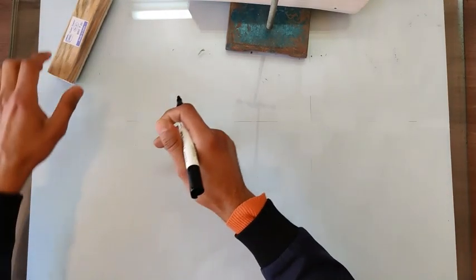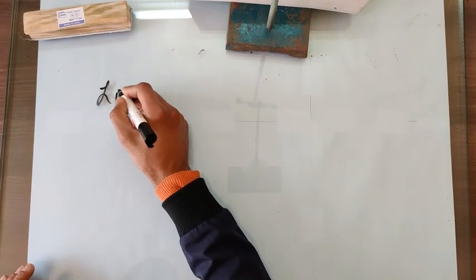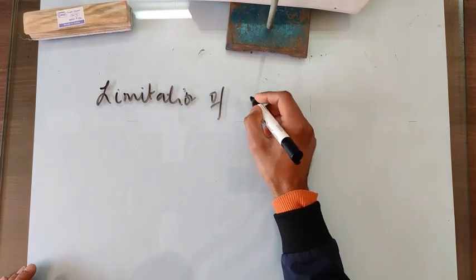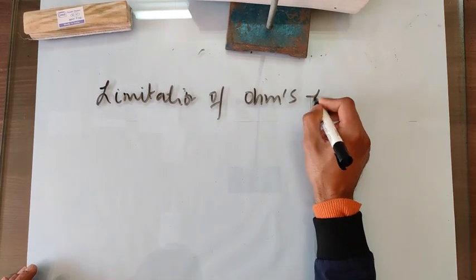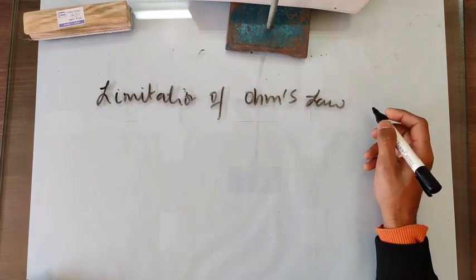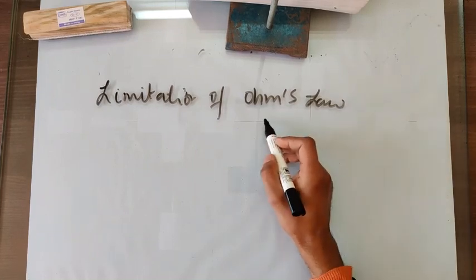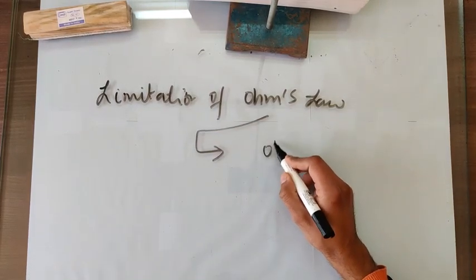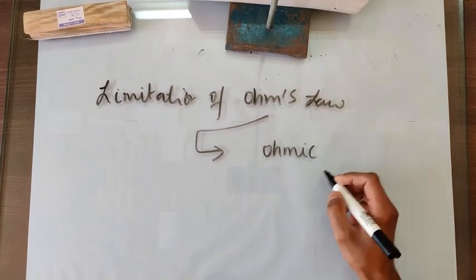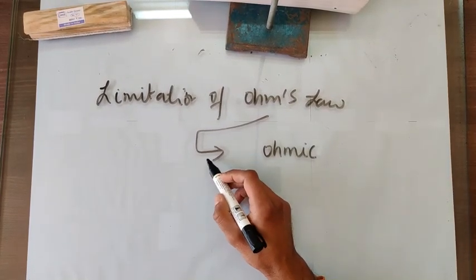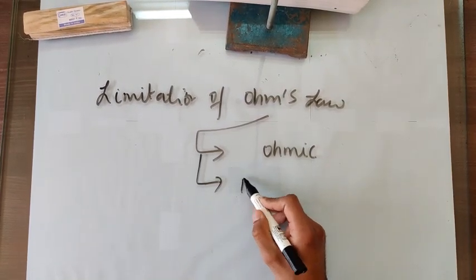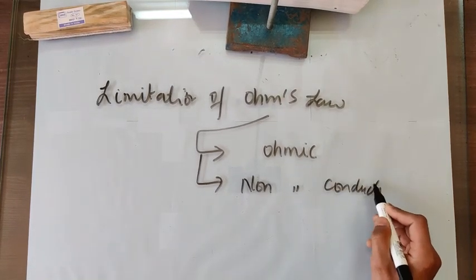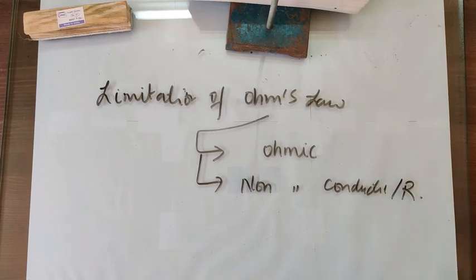Finally, limitation of Ohm's law. There are two types of conductor, called ohmic and non-ohmic conductor or resistor.